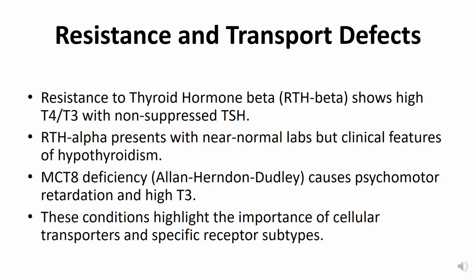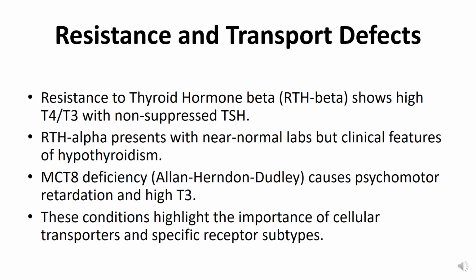This transporter is especially important for moving thyroid hormone into neurons and brain tissue. Without proper transport, the developing nervous system cannot access adequate thyroid hormone, despite normal or elevated circulating hormone levels.